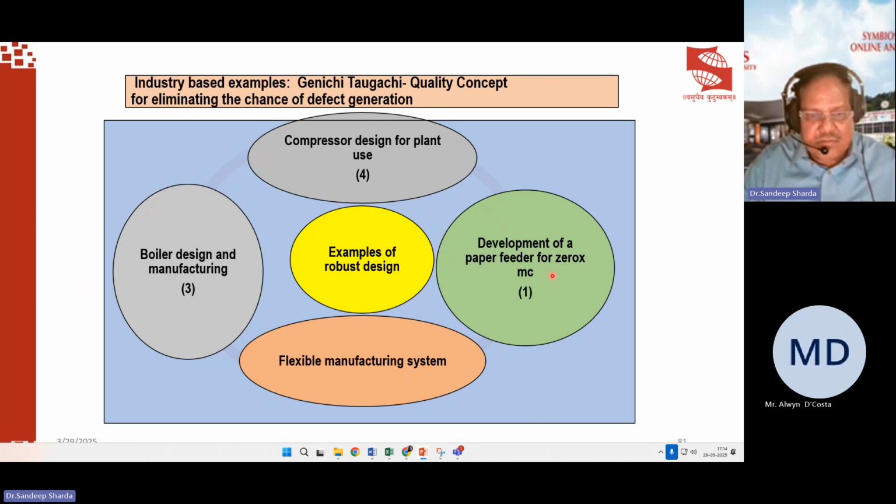Sometimes the boiler may fail because of that and not provide the required quality of steam services. Compressor design for plant use is similar, because a compressor also has many subsystems. That's why robust design is taken into consideration, with very defined parameters for each subsystem as well as the complete system.